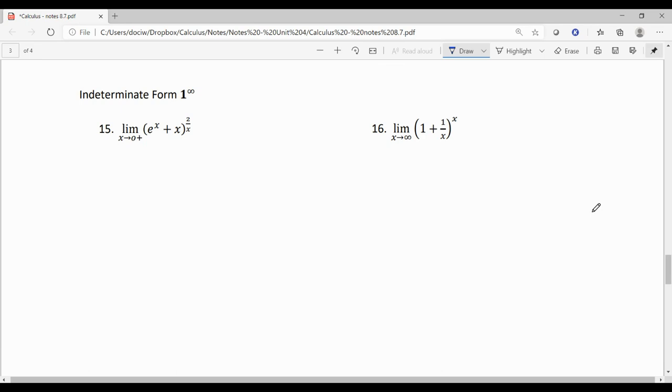Because when we get to these forms, things get a little bit different, a little bit weird. So we have the limit as x approaches 0 of e to the x plus x, all to the 2 over x. And the question is, how do I handle that?